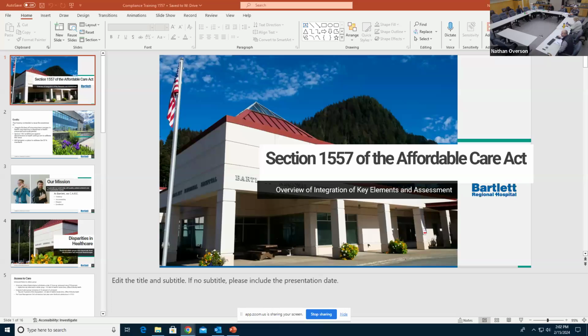This kind of came out of our risk assessment when we're looking at our limited English patients. And that came out of section 1557. And so we thought we would bring this education through to the compliance committee and why it's important.